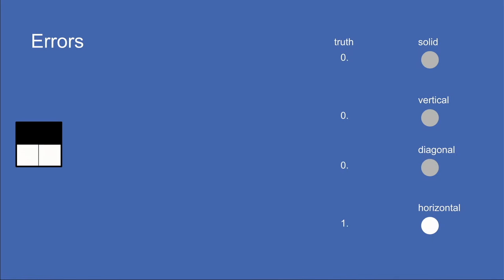So let's say initially we've got a neural network where all the weights are random, and it gives us nonsense results. It says, well, yeah, everything has some number associated with it, but it's nothing like the right answer. Well, we can find the error for each category and add it up and find a total error, and this is how wrong our neural network would be for this one example.